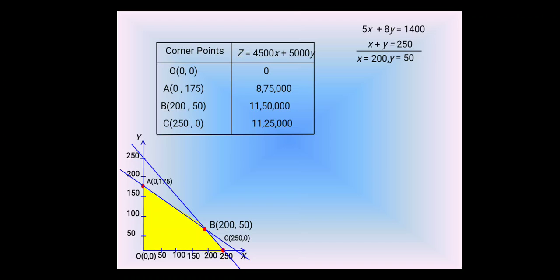You can observe that the maximum profit is 11,50,000 at the point B of 200, 50. That is, maximum of Z is equal to 11,50,000 at the point B of 200, 50.